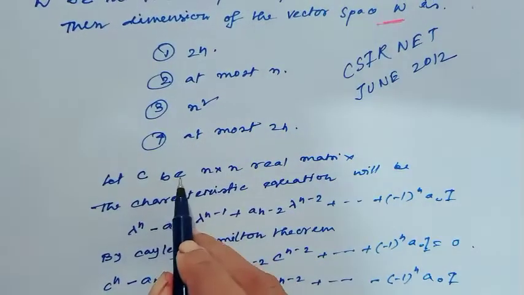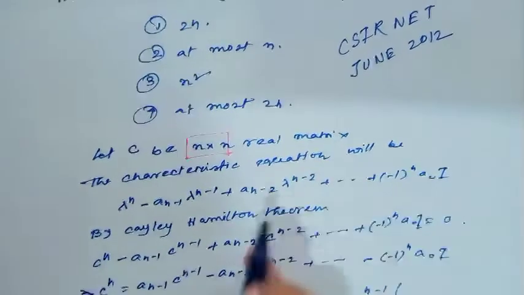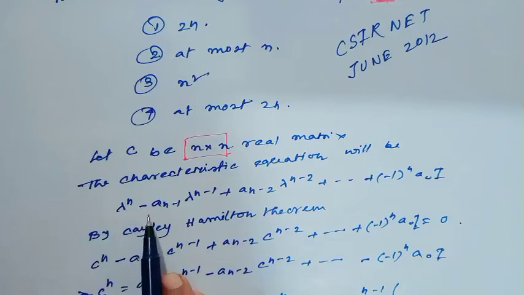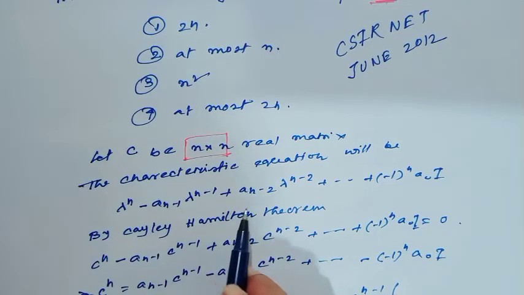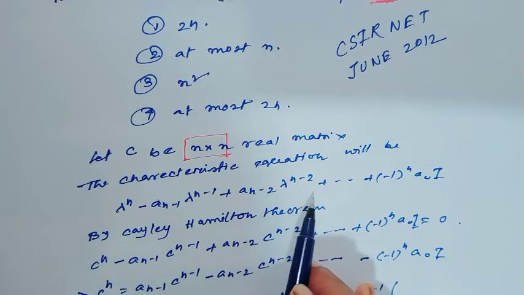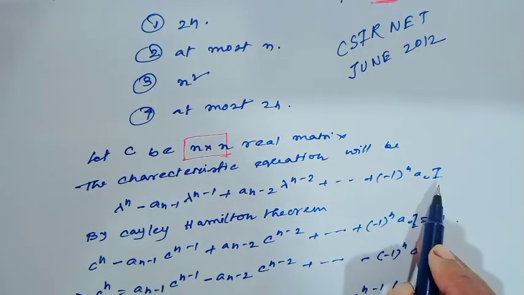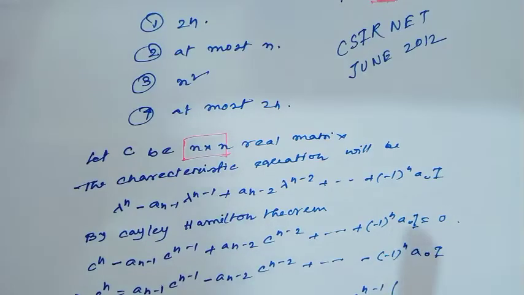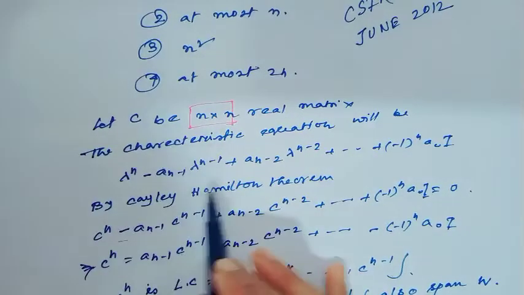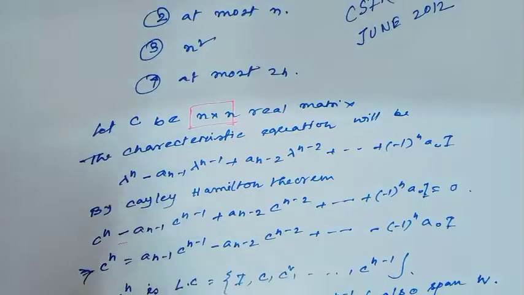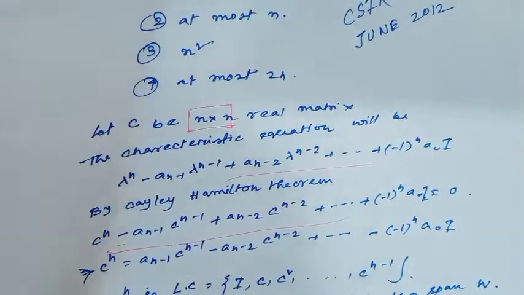Here, C being an n cross n real matrix, obviously the characteristic equation would be lambda to the power n minus a_{n-1} lambda to the power n minus 1 plus a_{n-2} lambda to the power n minus 2, up to minus 1 to the power n a_0 I. Therefore, by the Cayley-Hamilton theorem we can tell this matrix also satisfies this characteristic equation.